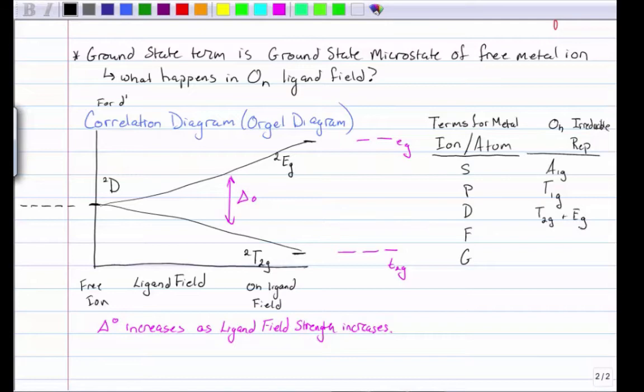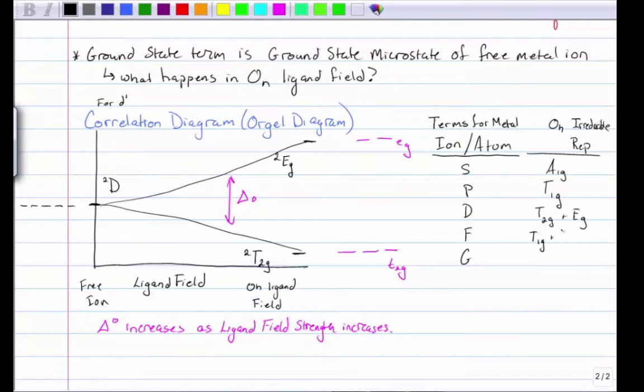Do you notice how similar these are to the orbitals? An S orbital would have very symmetric A1g symmetry under octahedral. A P orbital would have a triply degenerate case under an octahedral, so this is a T1g. The D orbitals split into T2g and Eg sets. So this is very analogous to what we've talked about before.